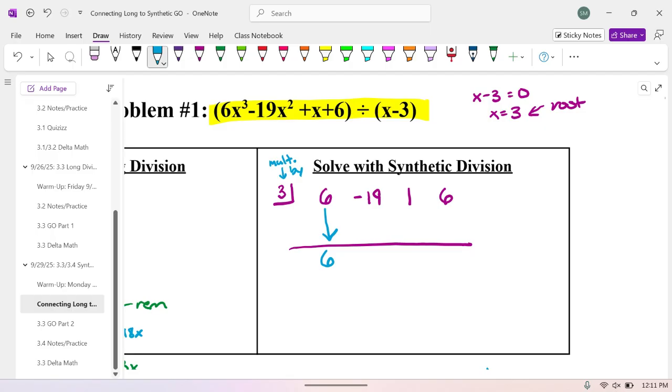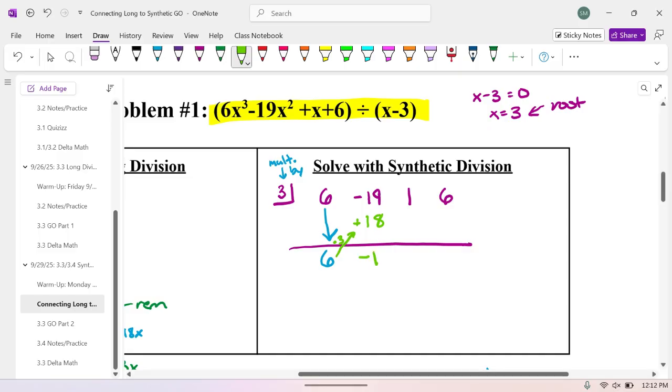Now, I'm going to multiply that 6 by 3. What's 6 times 3? 18. So I'm going to write the 18 above the line. In order to get my next number below the line, I need to add these two numbers together. If I add negative 19 and 18, what do I get? Negative 1. And then guess what I do now?